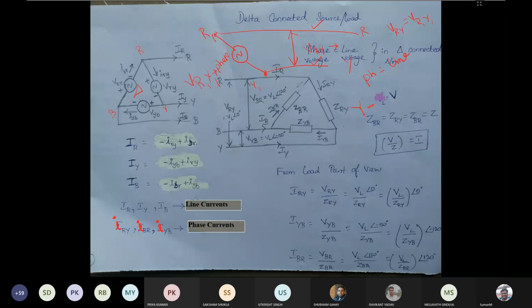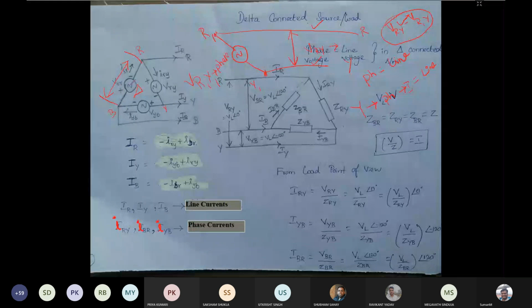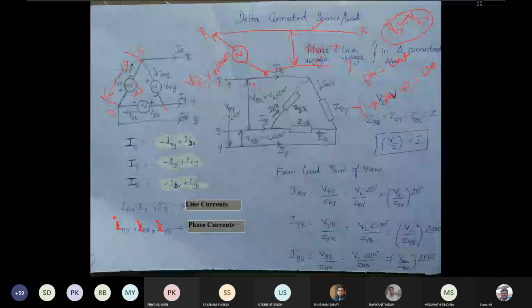In star connection, the phase current will be equal to the line current. In delta connection, the phase voltage is equal to the line voltage. That's why I have drawn it here like this. Then the voltage across these two terminals, across this source, that is VBR, is considered as phase voltage.